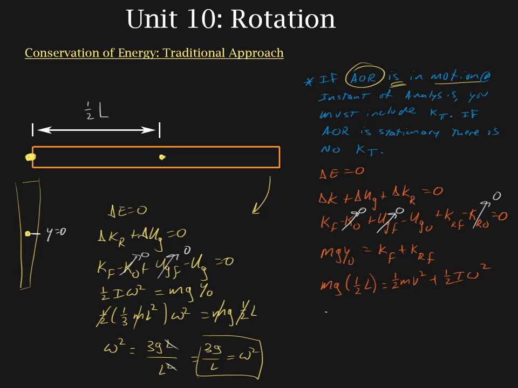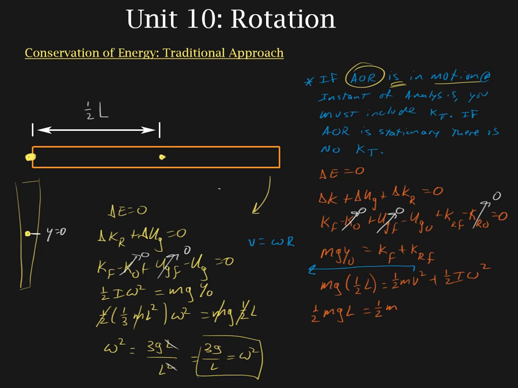Okay, so we have 1/2 mgL is equal to 1/2 m. Now, we got to be real careful here, because what we have for velocity, we're going to use the bridge equation. We know that v is equal to omega r, but this corresponds to the center of mass.